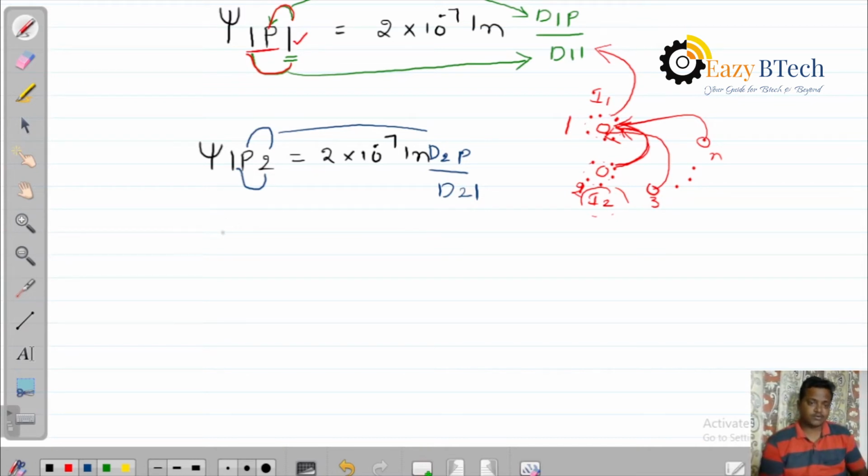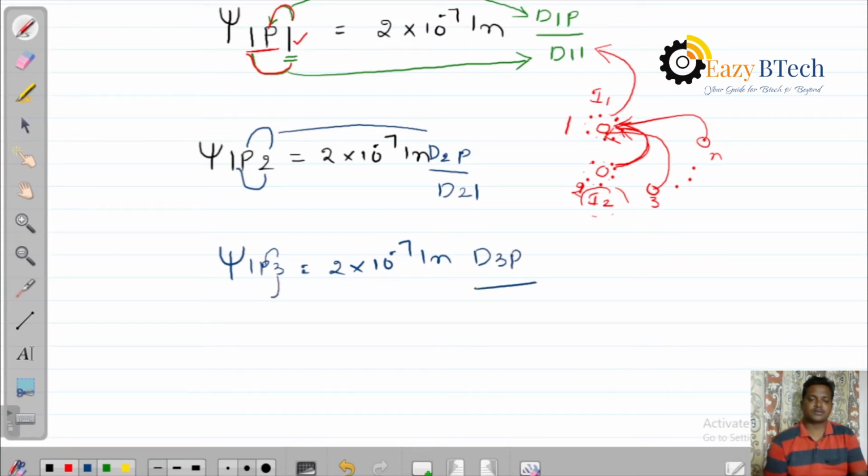Like that, we have to write the expression for psi 1p3. Try to write the expression for 1p3. It is 2 into 10 power minus 7 ln the distance from 3 to p, d3p, divided by the distance from 1 to 3, d31.